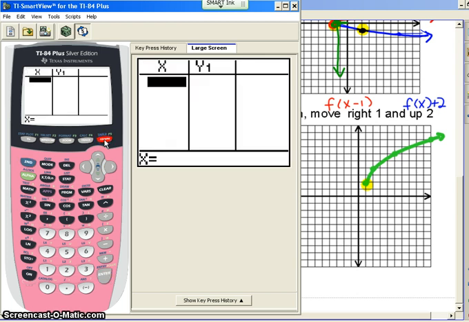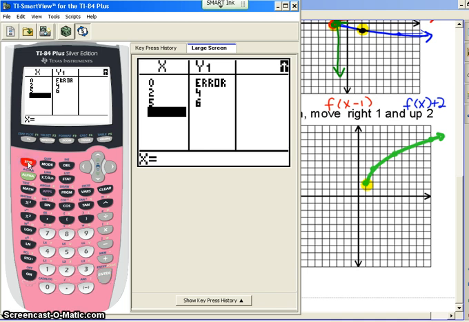Let's type in some values for x. When x is 0, I get an error. That's because 0 won't work in the graph. If I put in 2 for x, I get 4. So that's one of my ordered pairs, 2 and 4. If I put in 5 for the x value, I get 6. So 5, 6. This is just one way to find ordered pairs.